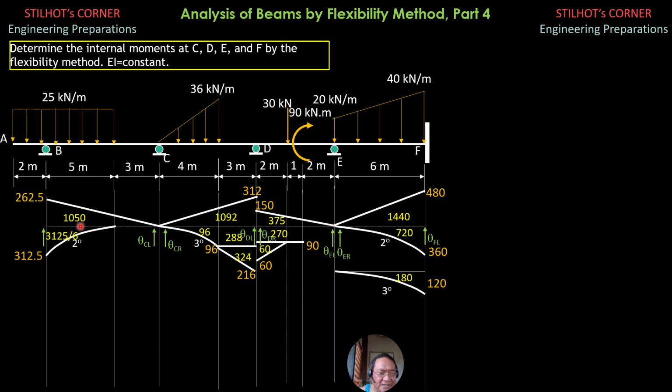So the area is 1 half of 8 times 262.5, 1050, the yellow figures. Then for this area, 1/3 of 5 times 312.5, 3125 over 6. Then theta C left, call that theta C right.